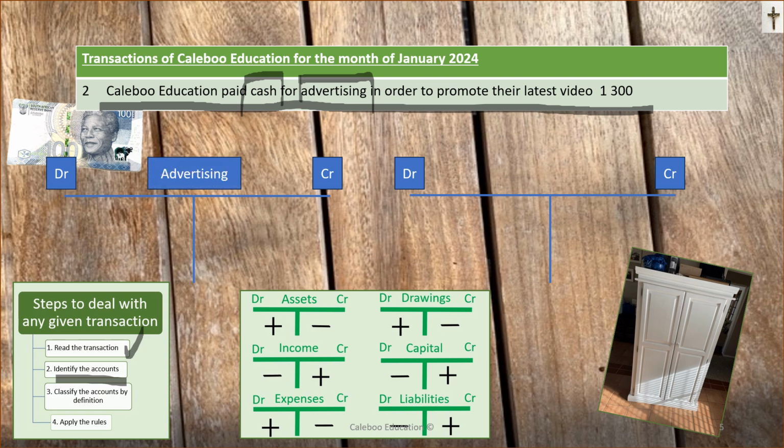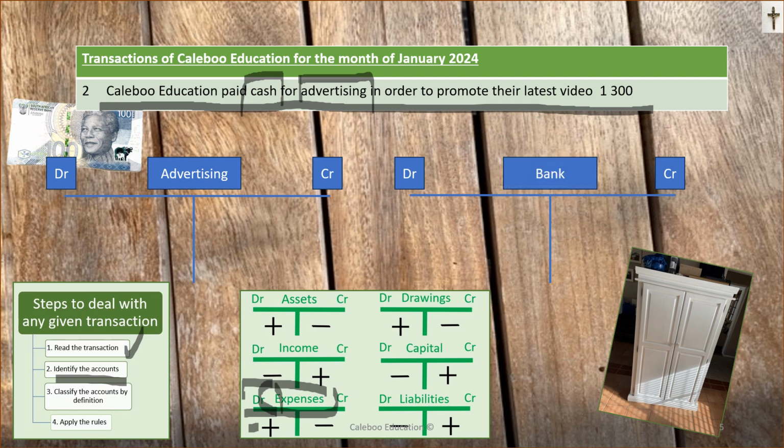So the one account will be advertising, and advertising by definition is an expense. The advertising cost has increased. So when there's an increase in an expense, the account is debited according to our rules.